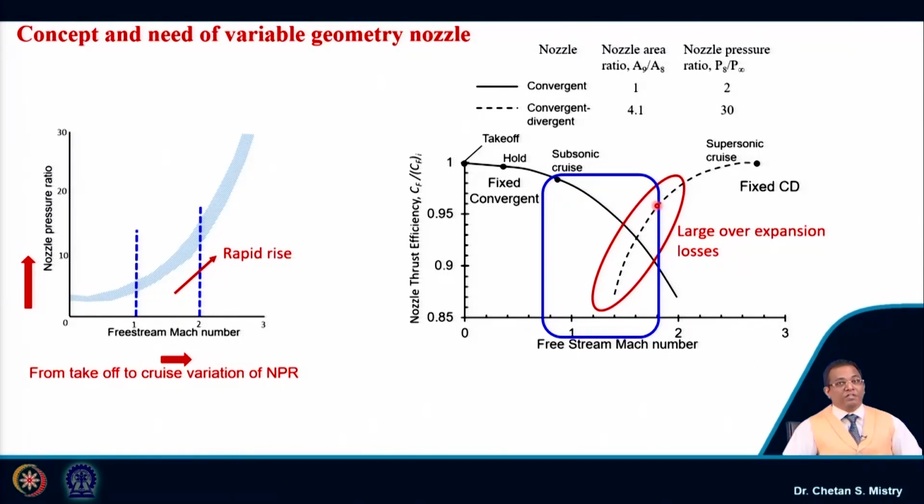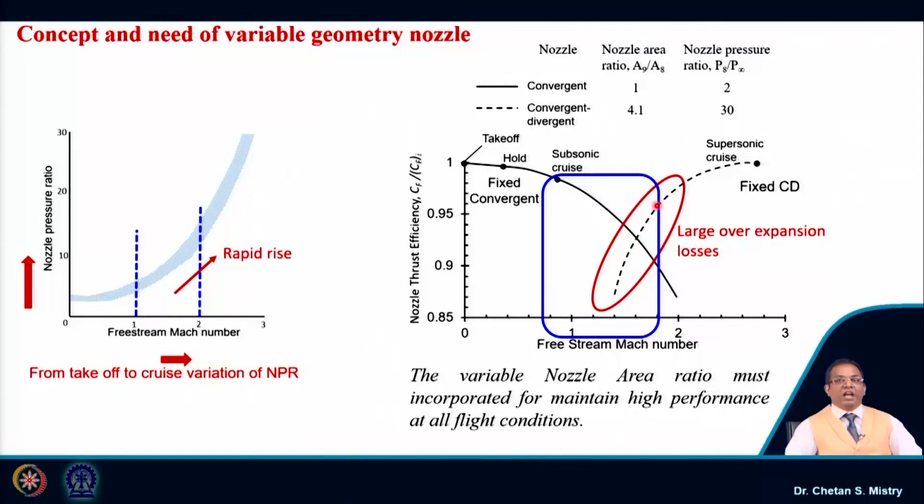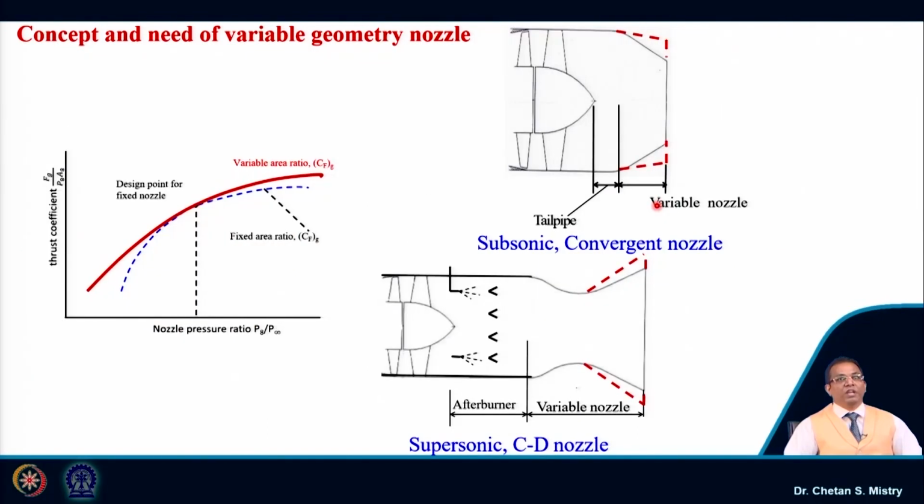These are over-expansion losses, and this is what indicates that we need to incorporate variable area in our nozzle. So, this is representing how we will go with a variable area nozzle.